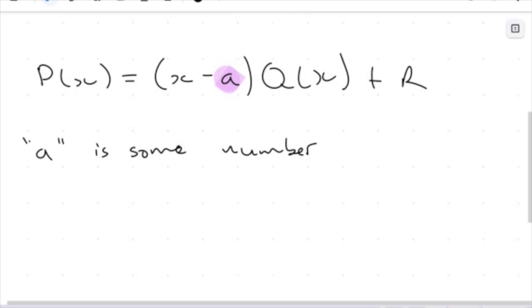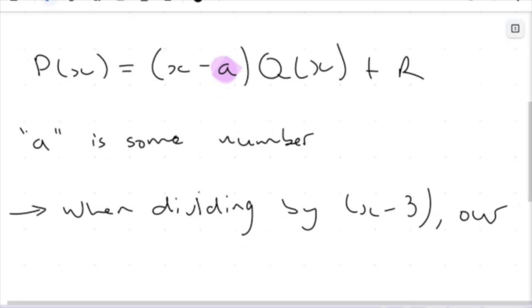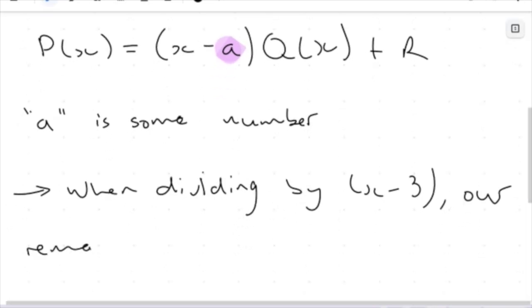Now, to check what the remainder is, for example, when dividing by x minus 3, our remainder is p of 3. This is the output we get for an input of 3 in place of the x, thinking back to what we learnt from functions.